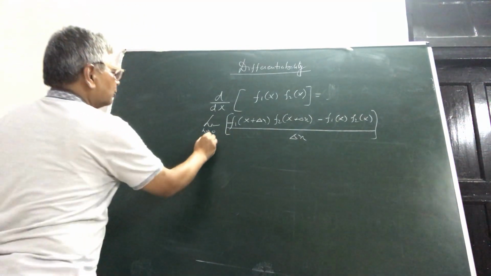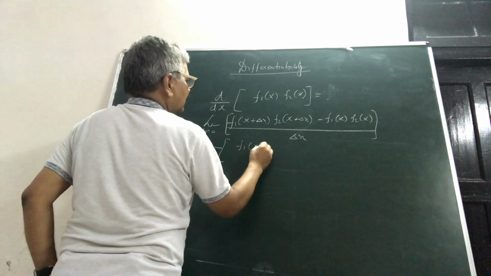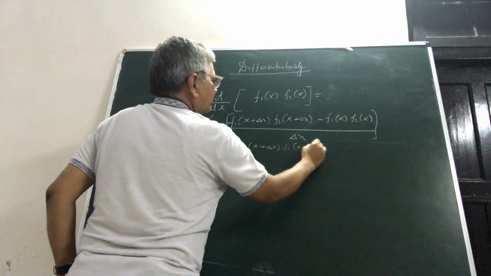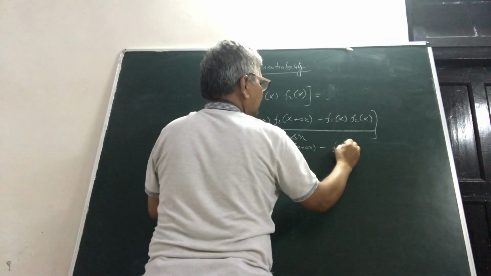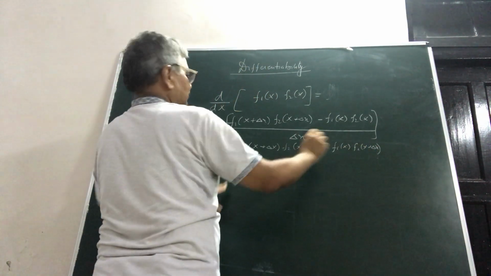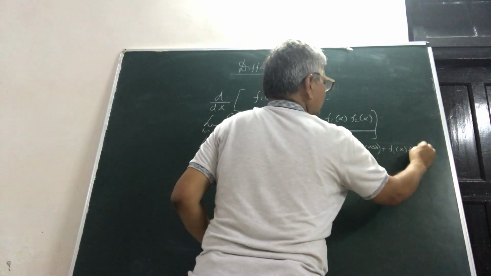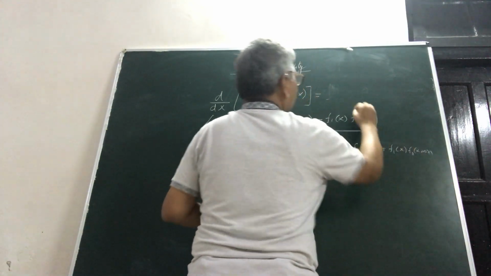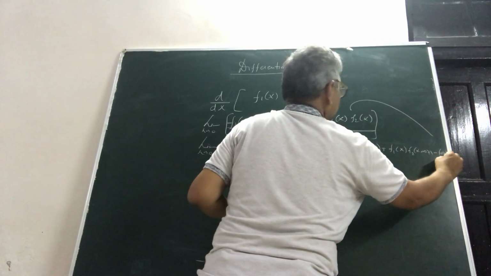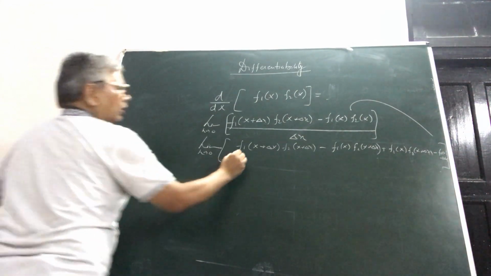This thing you can further write: limit as h tends to 0 of f1(x plus delta x) f2(x plus delta x) minus f1(x) f2(x plus delta x). This thing you add and this thing you subtract, plus f1(x) f2(x plus delta x), and then copy the same thing, minus f1(x) f2(x), and then close it, whole upon h.